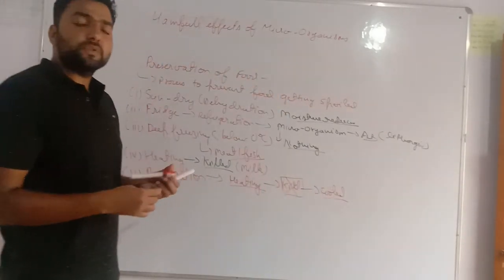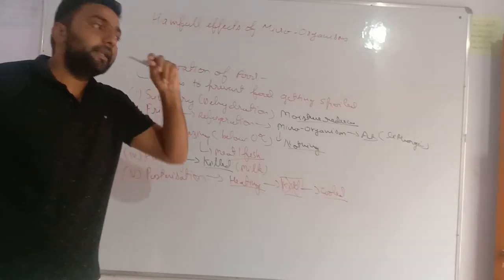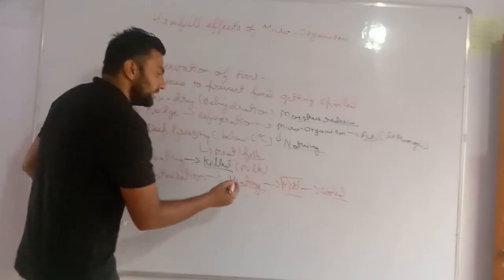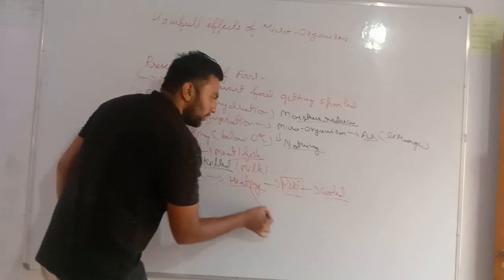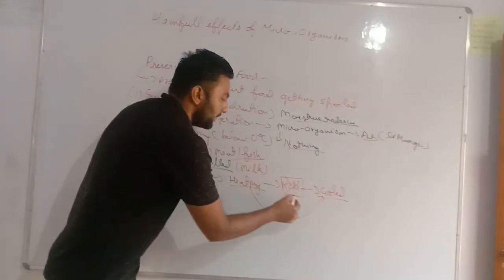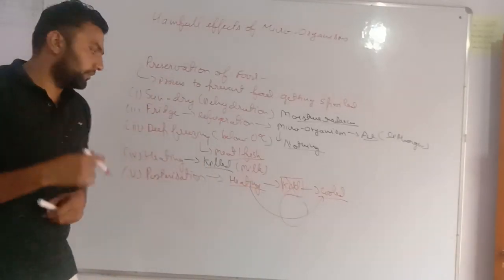Why is it cooled down suddenly? Because if it is cooled slowly, then new microorganisms can get added into it. So it is heated, microorganisms get killed, and it is suddenly cooled down, because now there is no microorganism in it, and the food remains safe.